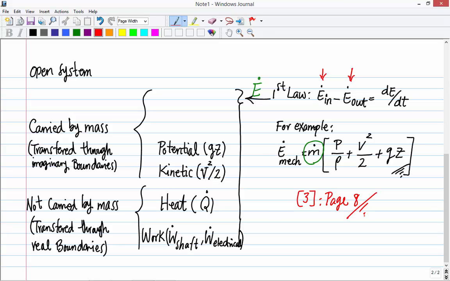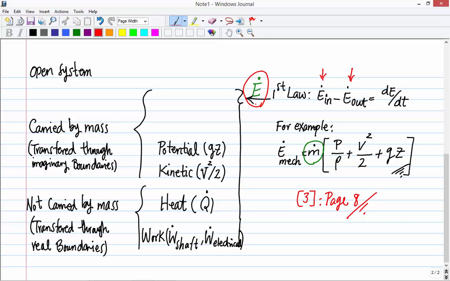Okay, so once again I have divided the E dot, the energy transferred in or out of our system, into two different categories: carried by mass or not carried by mass. The category carried by mass transfers through imaginary boundaries, those dashed lines, and the other one is through real boundaries.